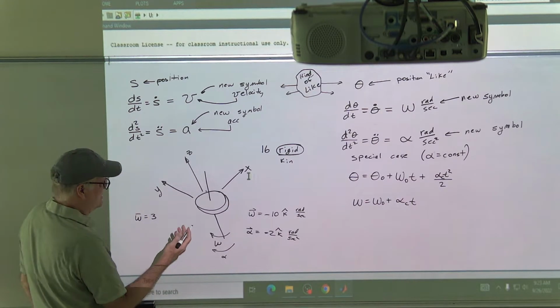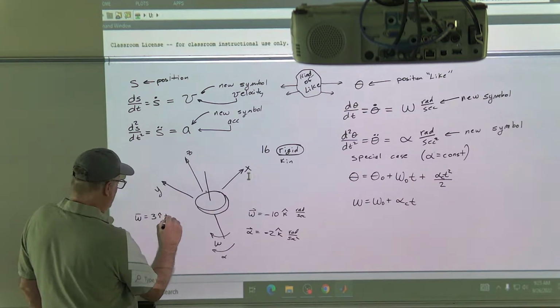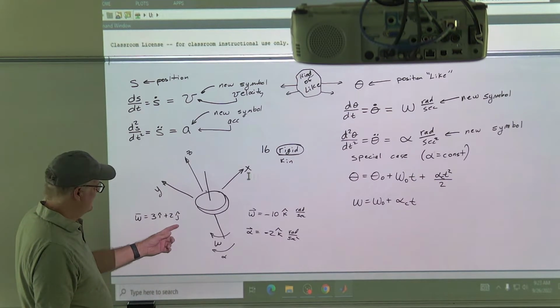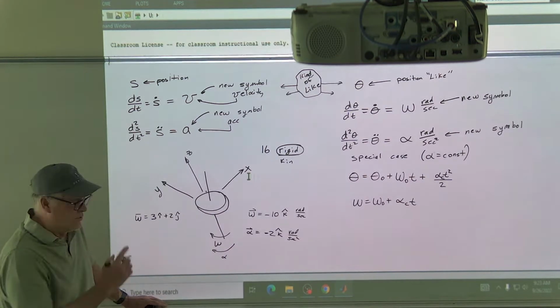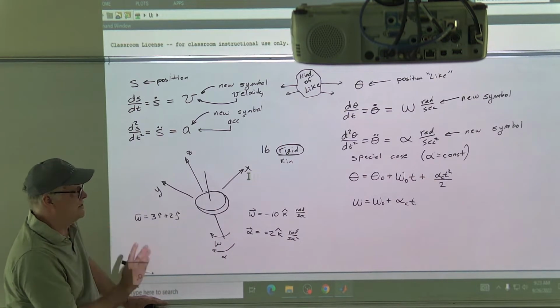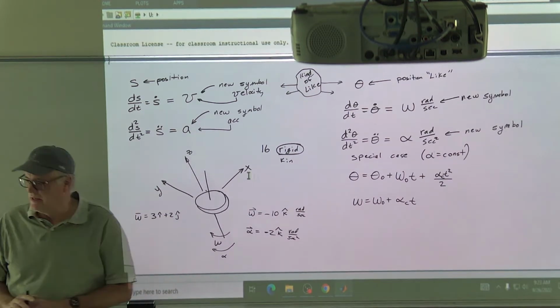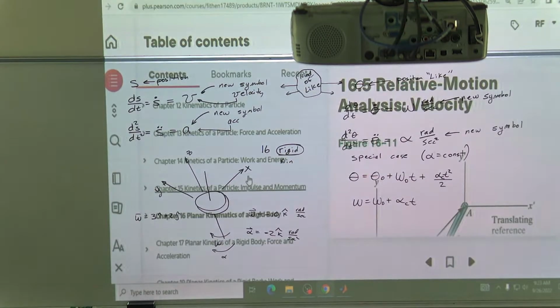I'm just making this kind of up now. You can have this. So you can have multiple coordinates. And we'll get to that, although most of the time, if you look at the title, and I'll go back and look at the title, it says planar, I think, at a certain point.